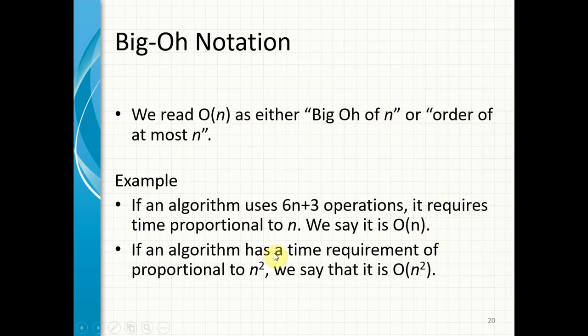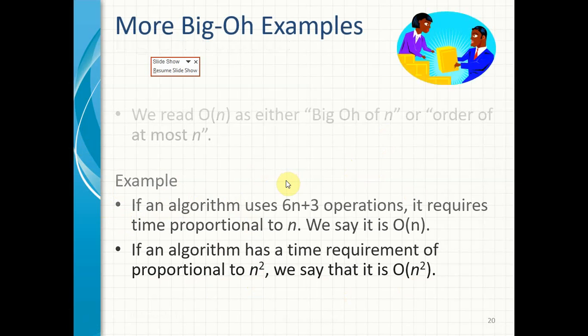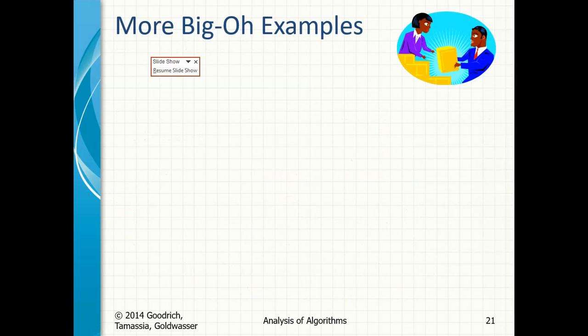If an algorithm has a time requirement proportional to n squared, we say it is O(n squared). This gives you a concept of the relationship of Big-Oh and the algorithm. Now let's see more about the meaning of Big-Oh in terms of the size increment and the value of the expression.